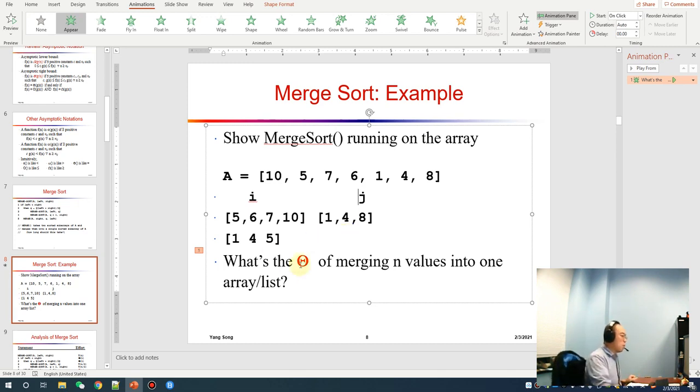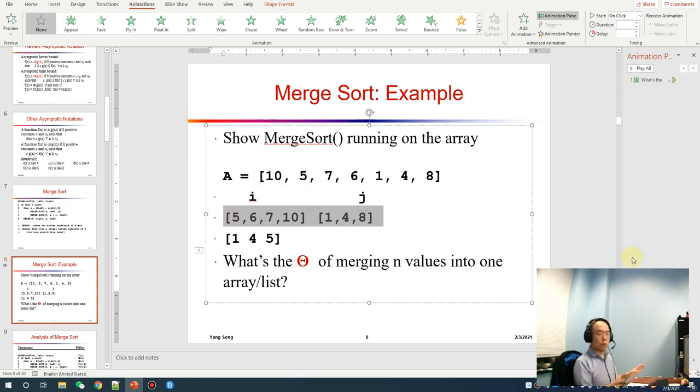Okay, so my question is, what is the big Theta, what is the Theta just for this merging algorithm? My observation is, no matter how many values we are going to sort, in this case 4 plus 3, 7 values, we are touching those 7 values once and only once.